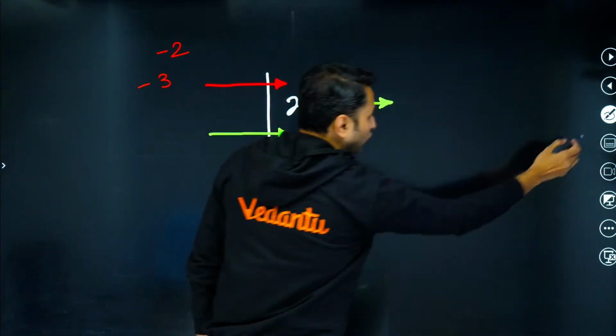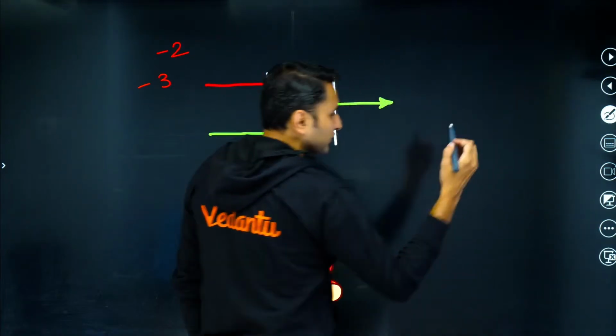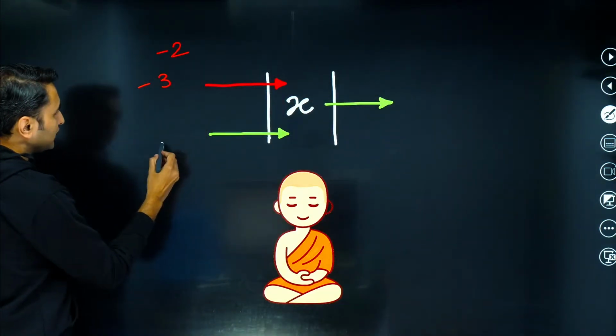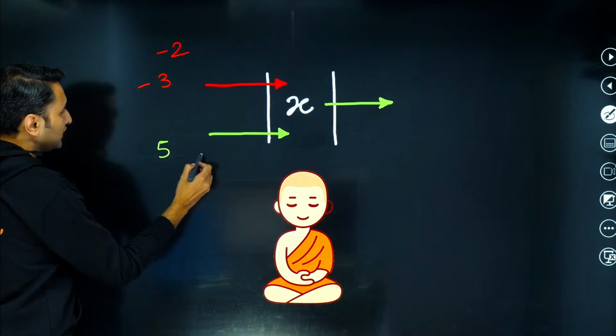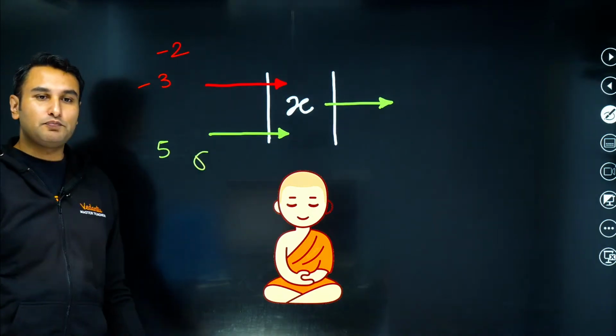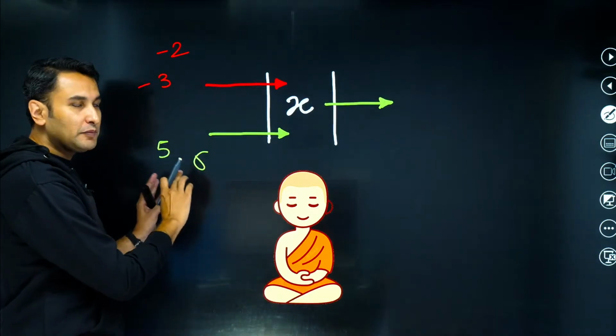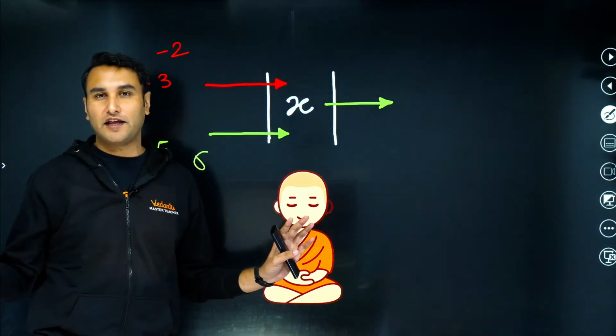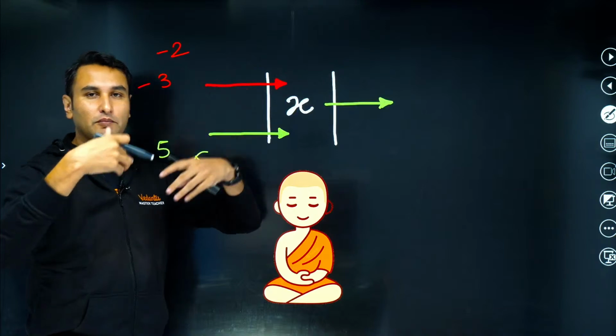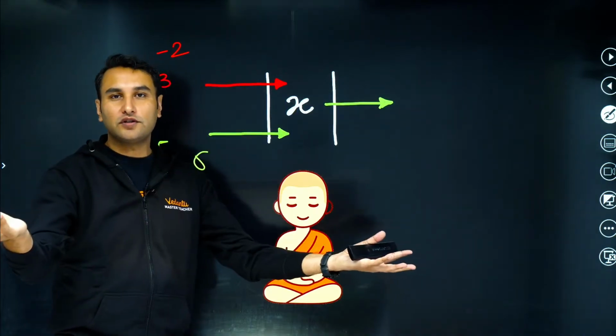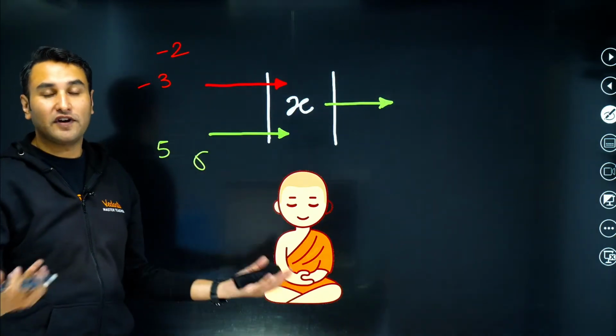Then there are also people who are already positive, like 5 and 6. Baba says, positive people, you have no problem in this life. Go ahead. When you go out from my ashram, you will remain positive as you were.